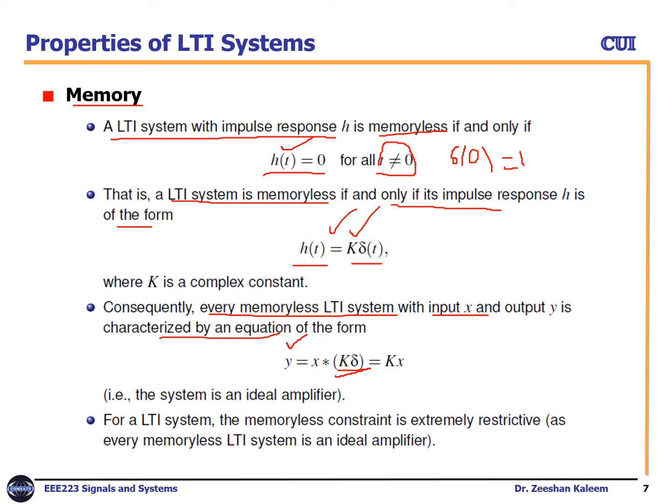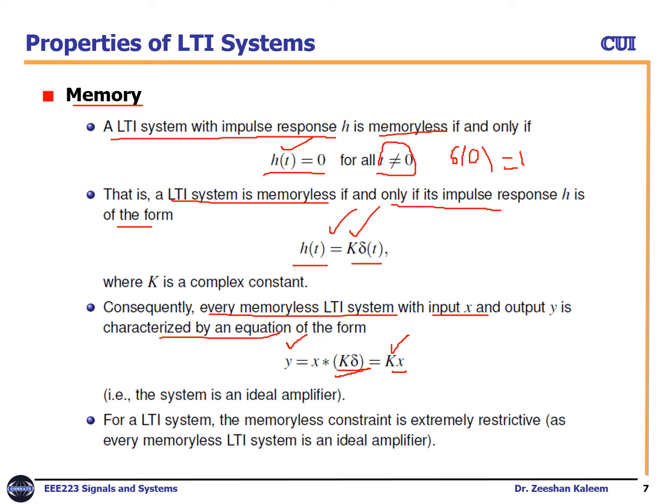So input into impulse response is equal to k of x. So any system is memoryless if when we input x, in the output we get the scaled or amplified version of x, but there is no delay or anything else, right? So k is a constant term and x is your input.